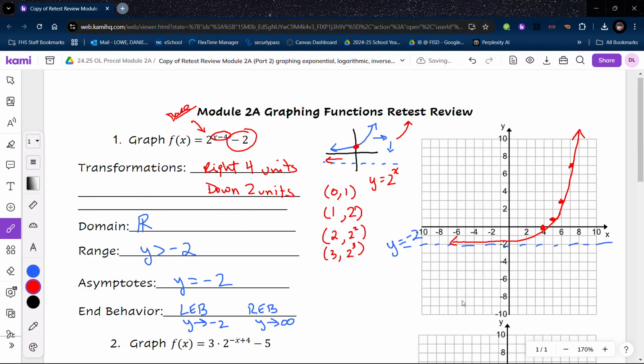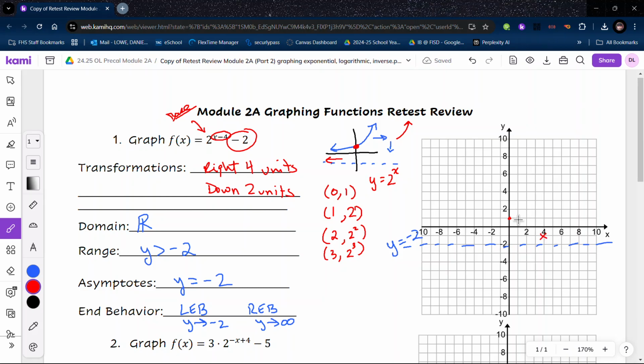So there I have my exponential function that was moved to the right by 4 units and moved down by 2 units. All right, and actually we do have this incorrect, because it's going to be moving down by 2 units, not by 1 unit. So let's refresh this. The point (0, 1) is going to move to the right by 4 units and down 2 units.